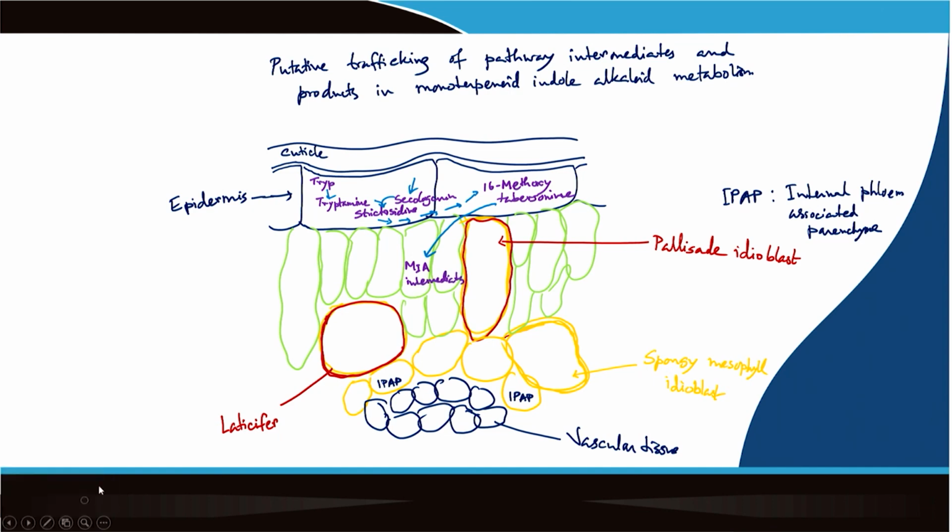This further moves down to here, this also goes down to here. So, this is palisade idioblast where deacetyl vindoline is converted to vindoline by this one.